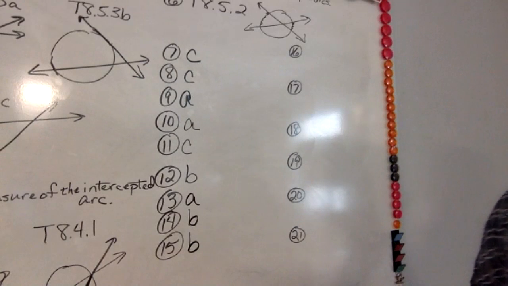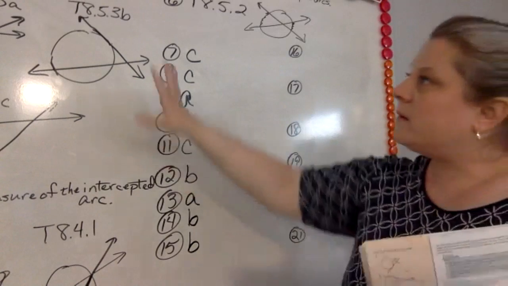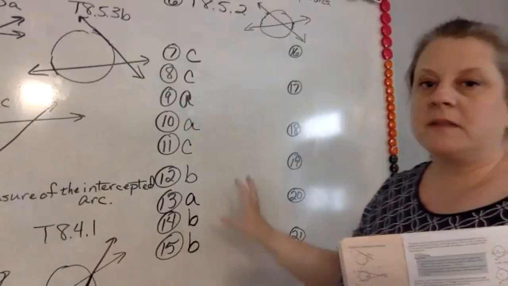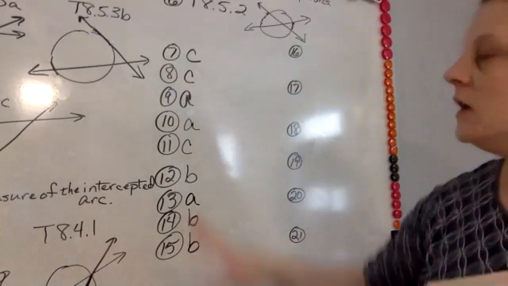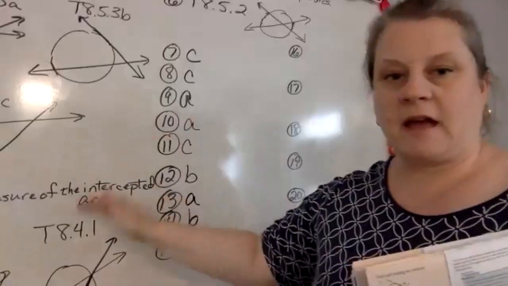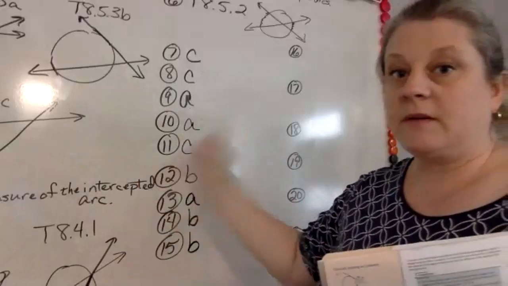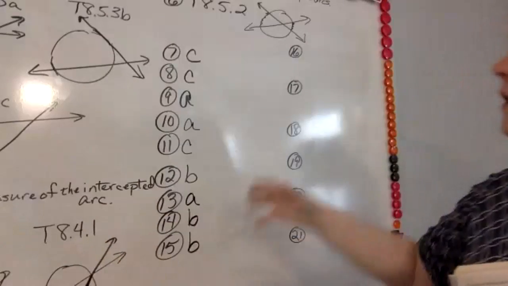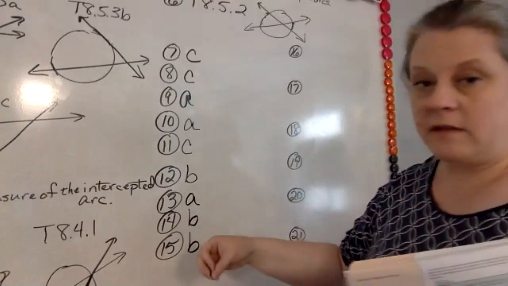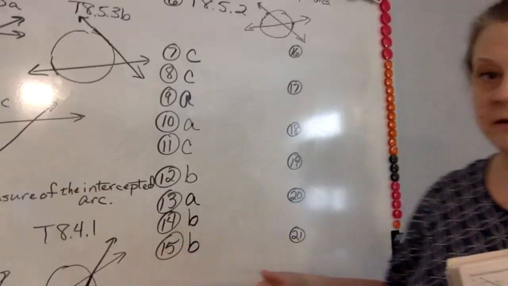So what we've been doing in these first 15 problems is making sure you knew those theorems. So you knew whether you were just taking half of the arc, half the sum of the arcs if it was inside where they intersect, or half of the difference of the arcs if it was on the outside where they intersect.